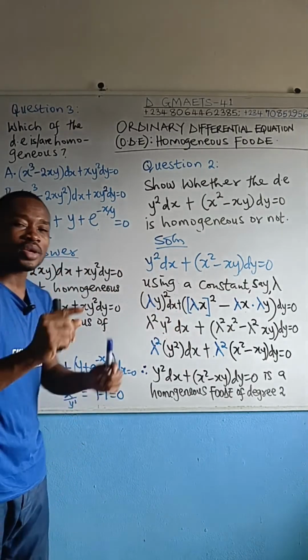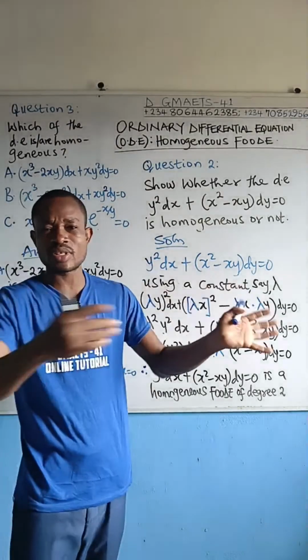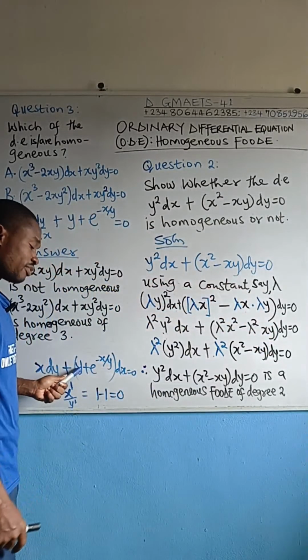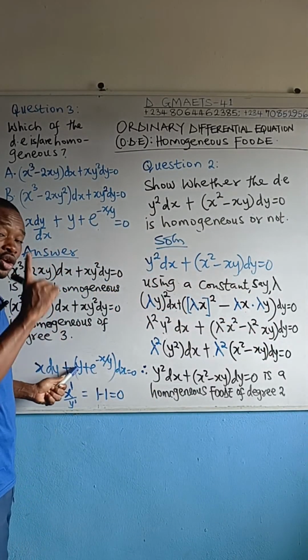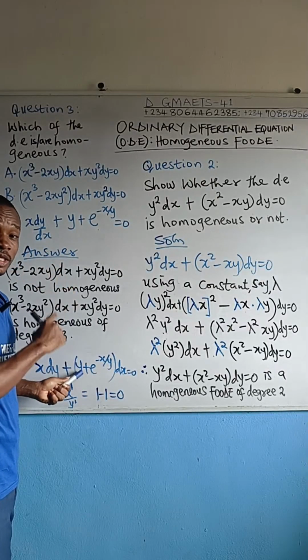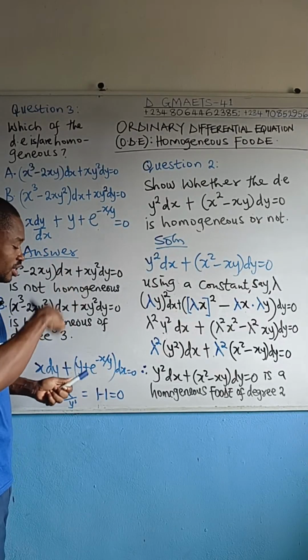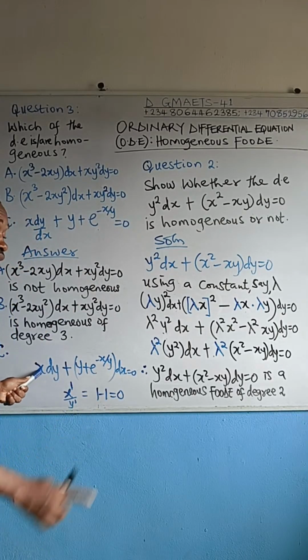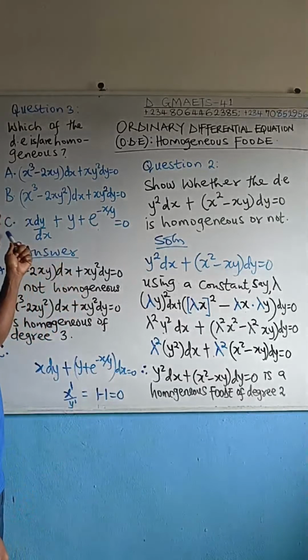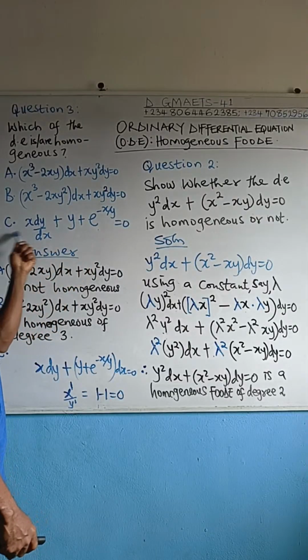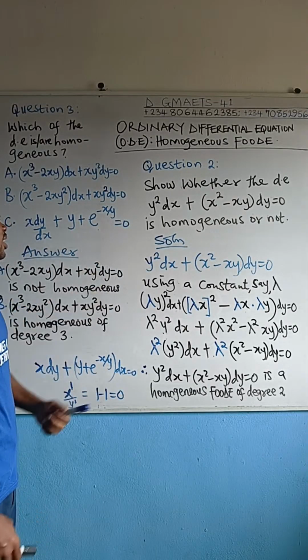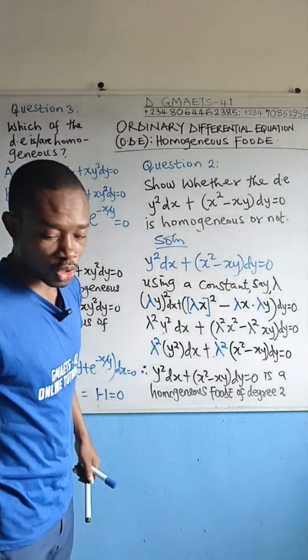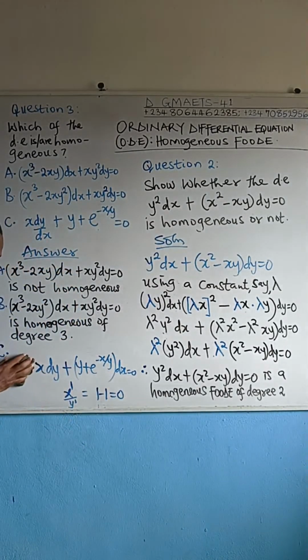And I told you, when you are checking the degree, you have no business with that constant. You'll be left with y. This y alone has power 1, which survived here, telling us that the dx part is degree 1. And the dy part, you can see clearly, is also degree 1. So option C, the differential equation given as C here, is a homogeneous differential equation of degree 1.